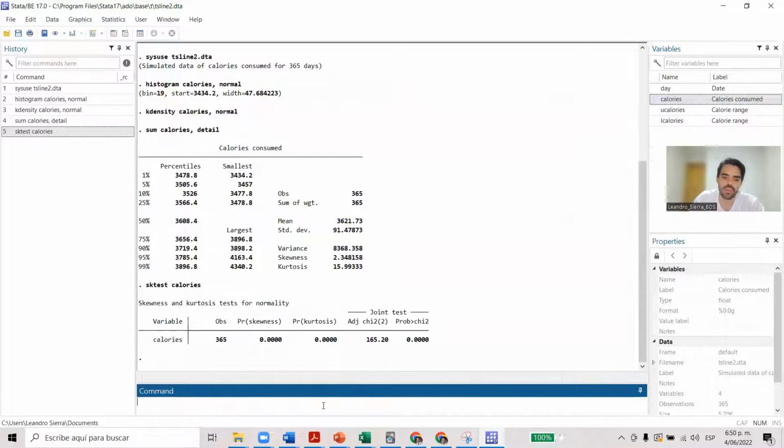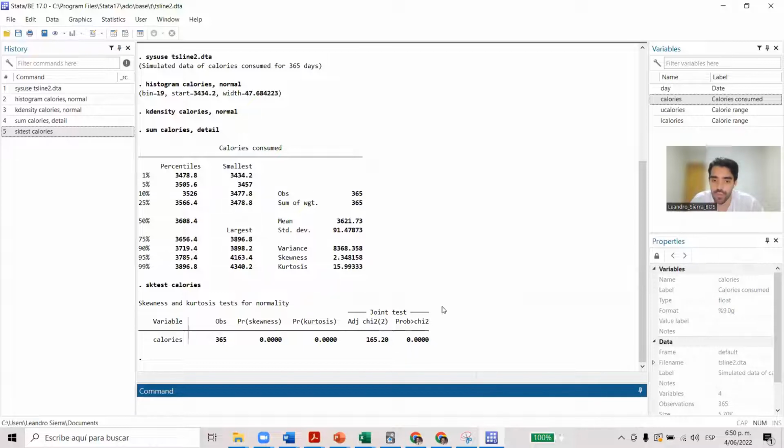And what you are going to see here is this number. And if this number is less than 0.05, what it means is that our data set is not normally distributed. And if this value is more than 0.05, our data set is normally distributed.